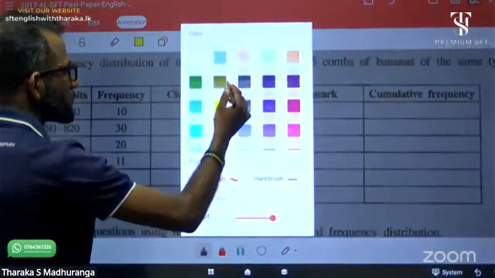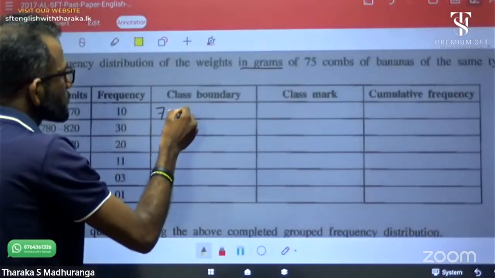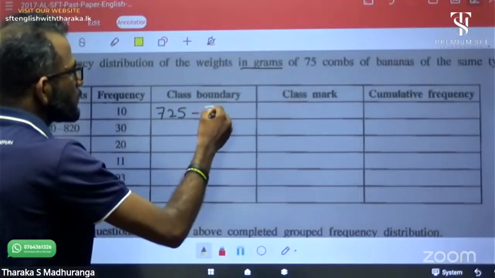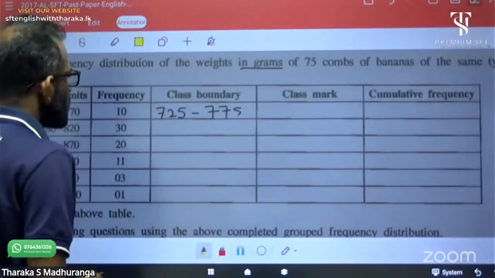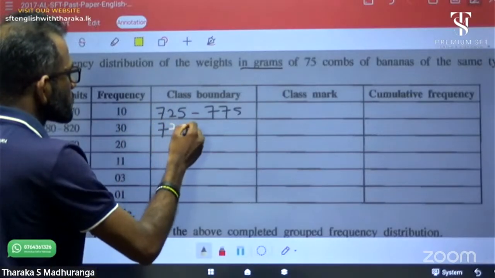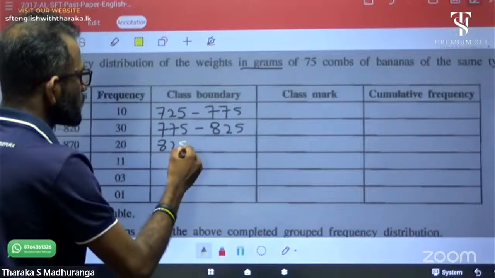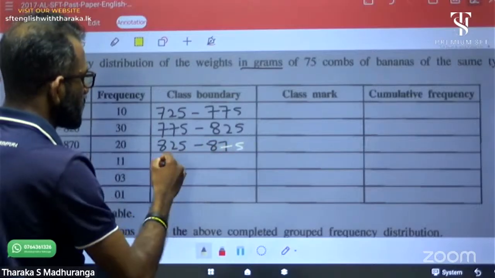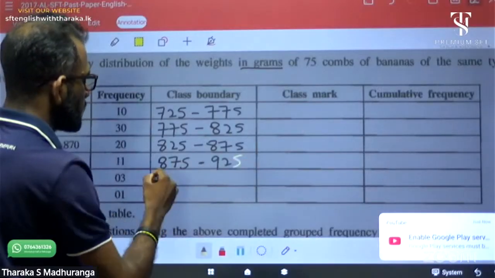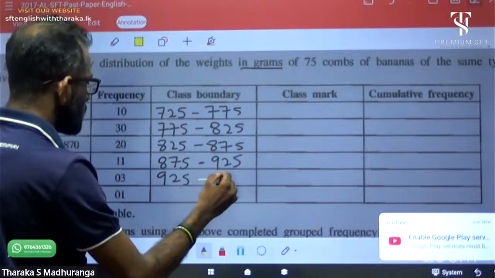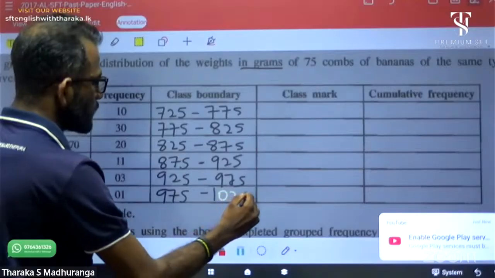Very important question. 725, 775, 775, 825, 825, 875, 875, 925, 925, 975, 975, 1025.